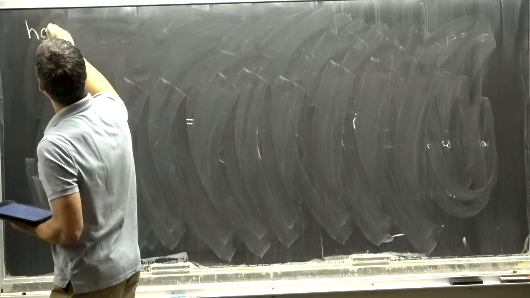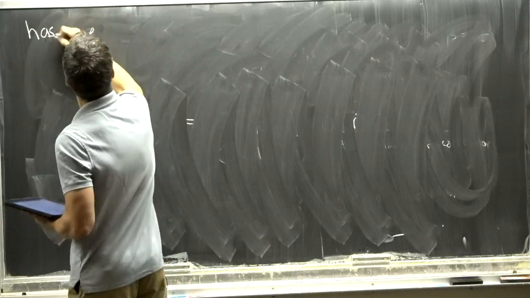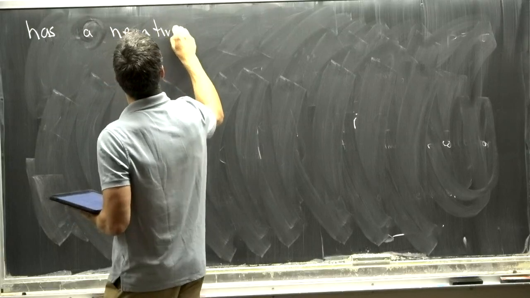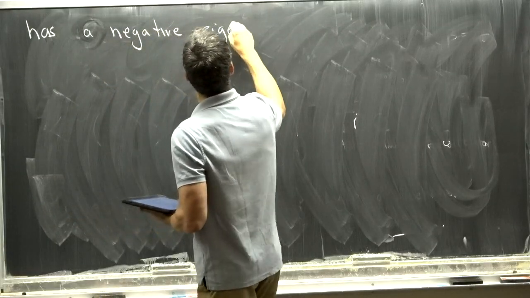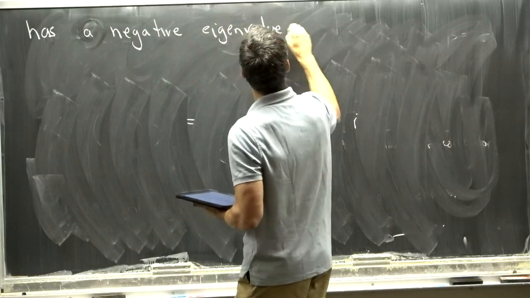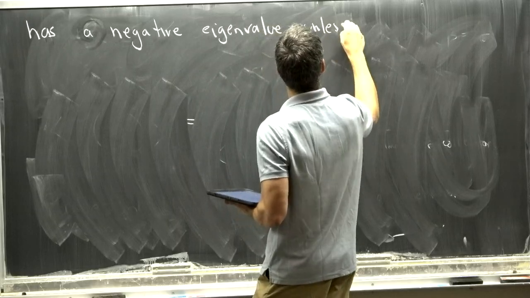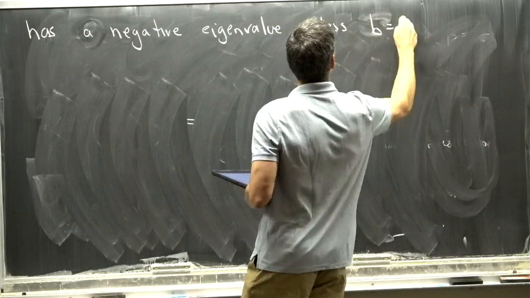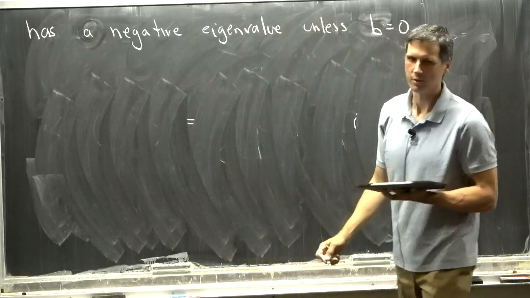Well, this matrix has a negative eigenvalue, unless B is equal to 0. That's very easy to check.